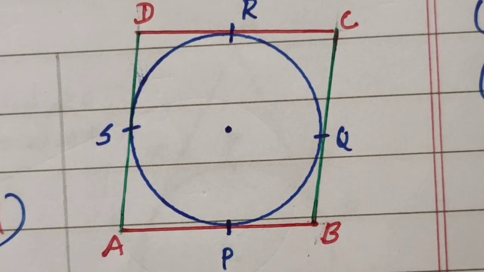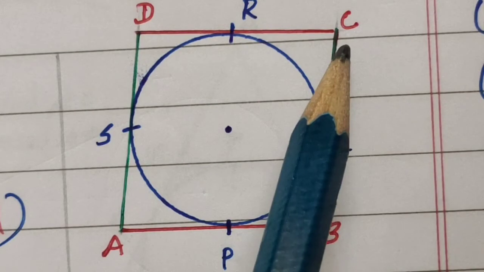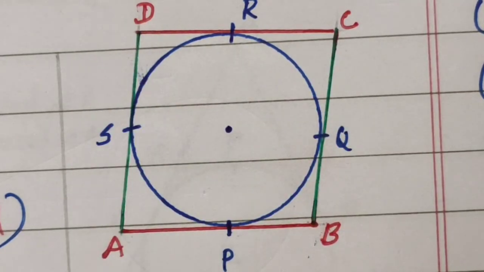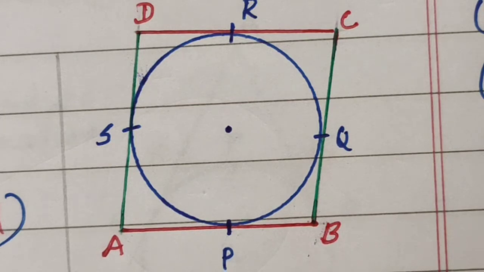To show it is a rhombus, we need to prove AB is equal to BC, which is equal to CD, which is equal to AD, because for a rhombus all sides have equal length.